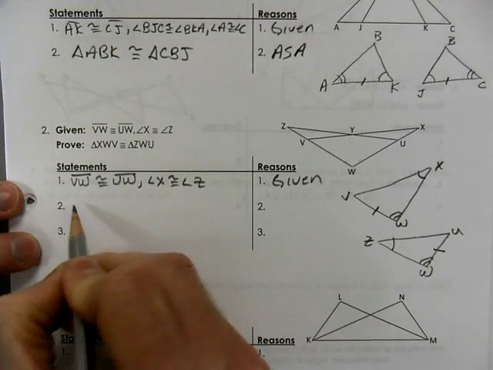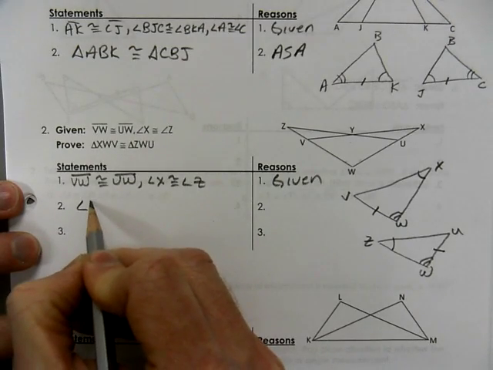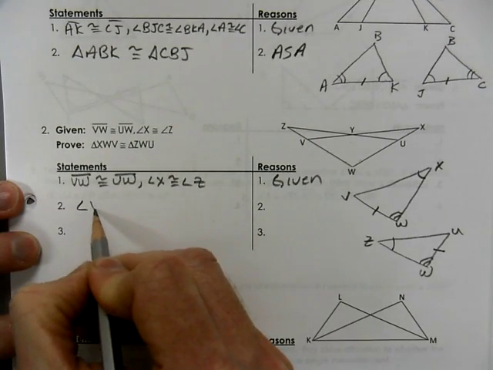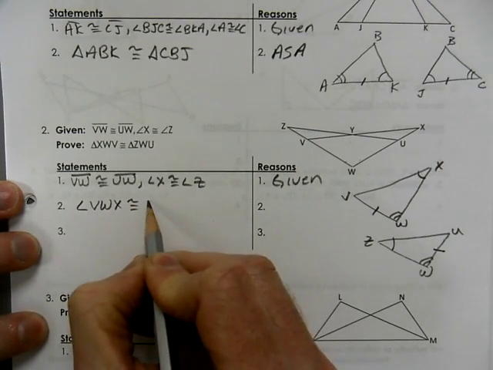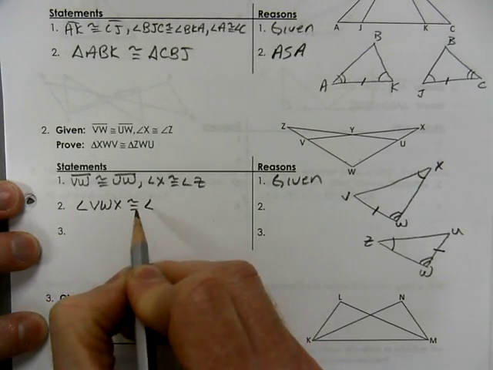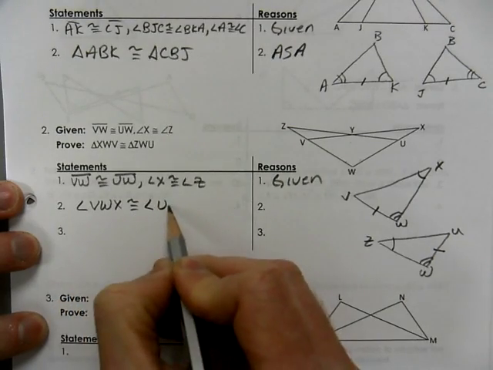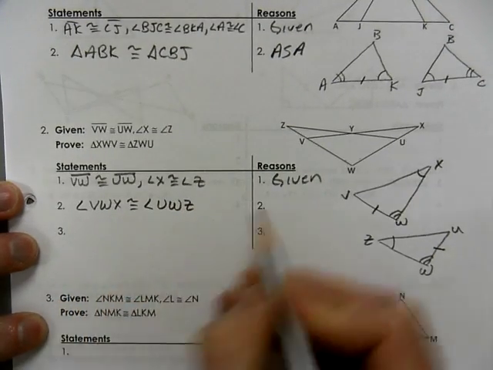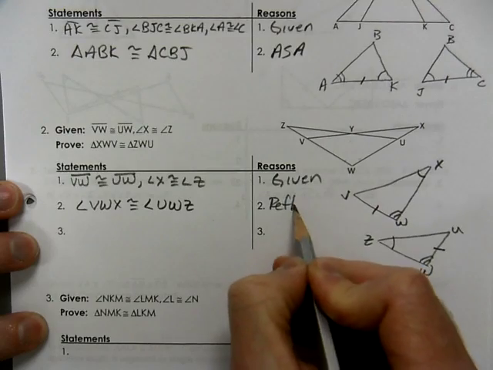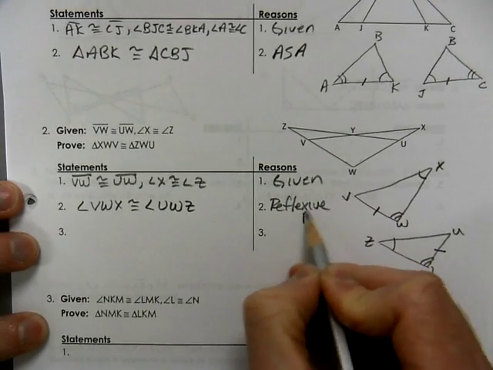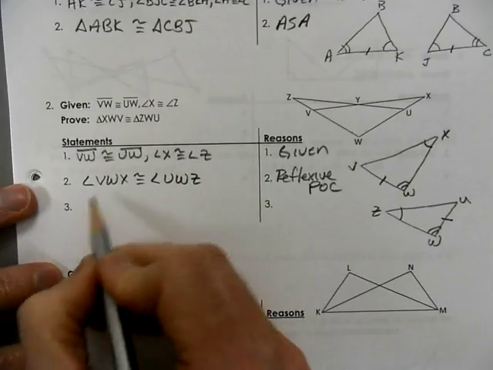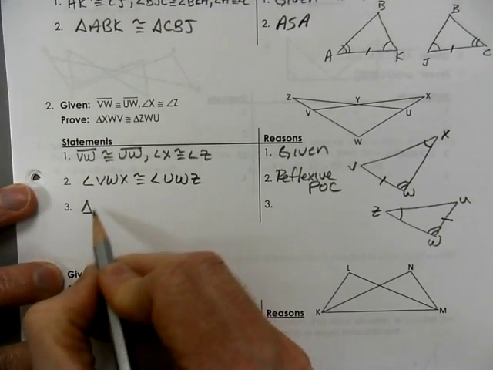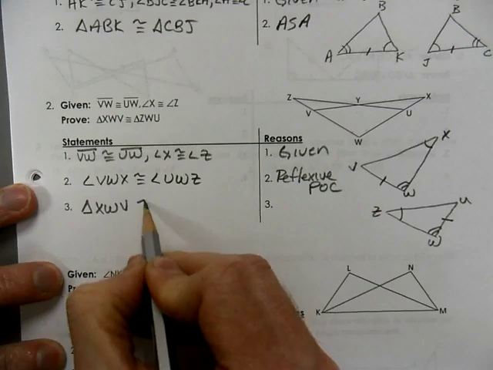And then we'll be able to talk about how angle VWX is congruent to angle UWZ, and that's reflexive POC. Then of course our last statement is what we're trying to prove.